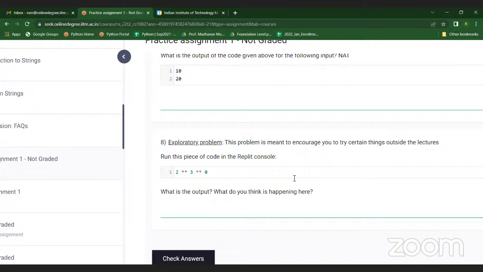Sir, can you give me an example and explain? Okay, so let me give an example where you have a mixture of operators. Give me a second.